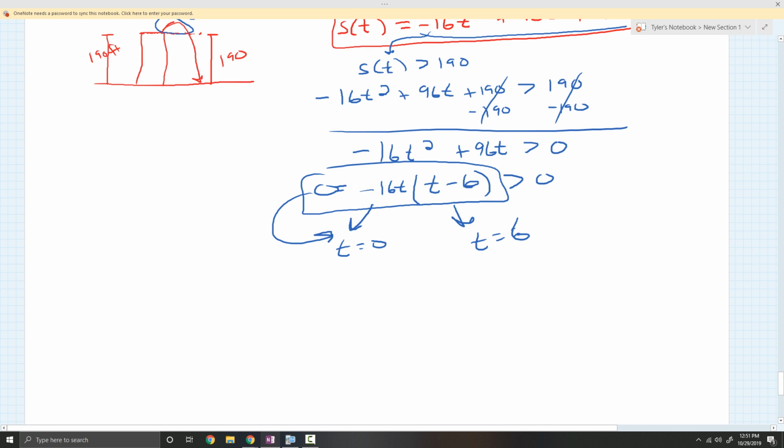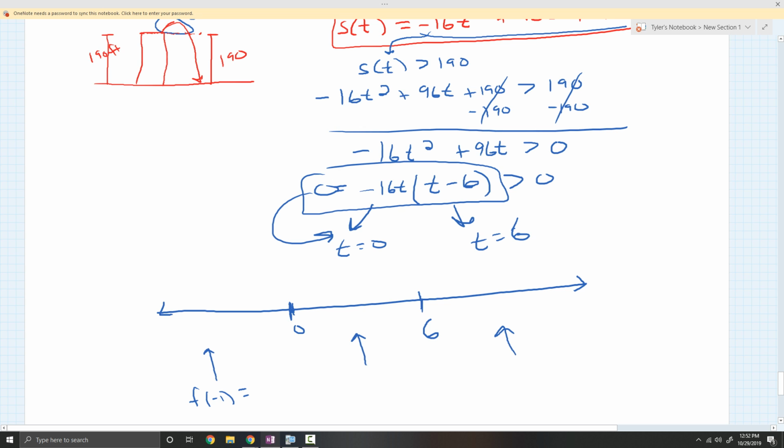In other words, we're trying to solve when this is equal to 0 to find these zeros. Then I take my number line, and I'm going to plot these, 0 and 6, and then pick some test values inside each of these regions. For example, to the left, I plugged in minus 1 into f, or I guess we're not using f, we use t.